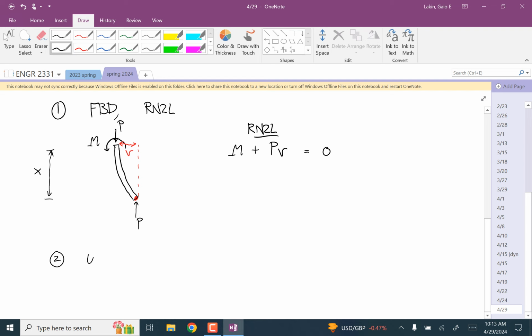Next, we're going to use what we know about elastic beams.